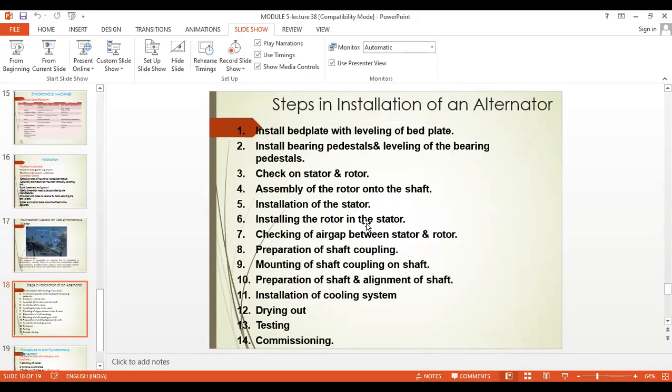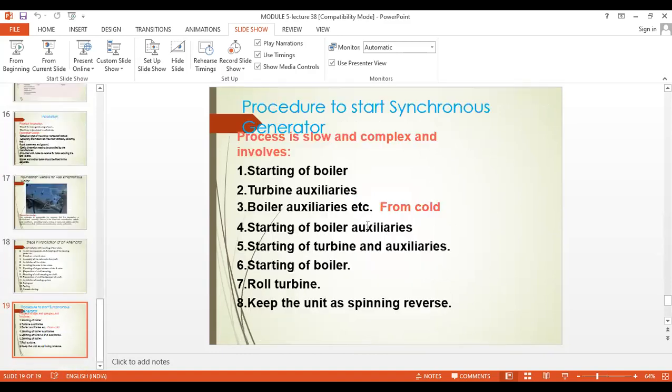Then how the foundation may be. After foundation, the installation process, what are the steps for installation. Then procedure for starting. After installation, we need to start the synchronous generator, right? So these are all the topics we have seen in this lecture.